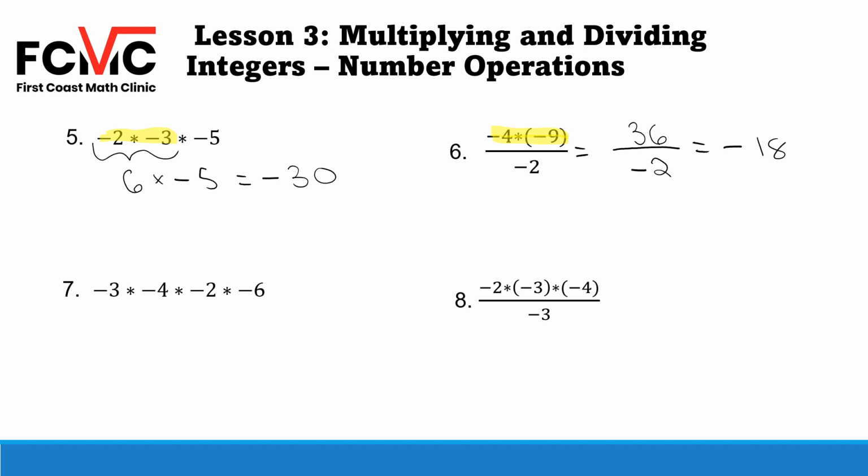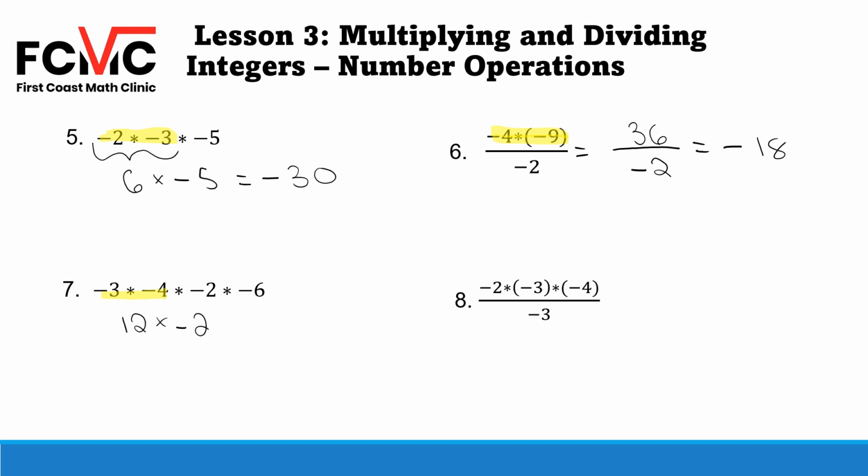For number 7, let's do the same thing we did for number 5. Let's start with negative 3 times negative 4. So negative 3 times negative 4, we're multiplying two numbers that are the same sign. So we're going to get a positive 12. I'll bring down that negative 2.